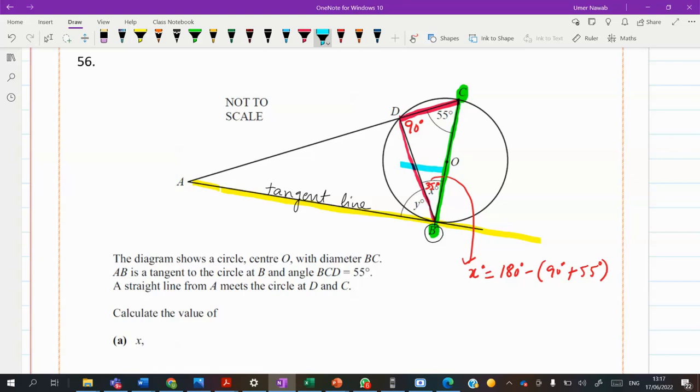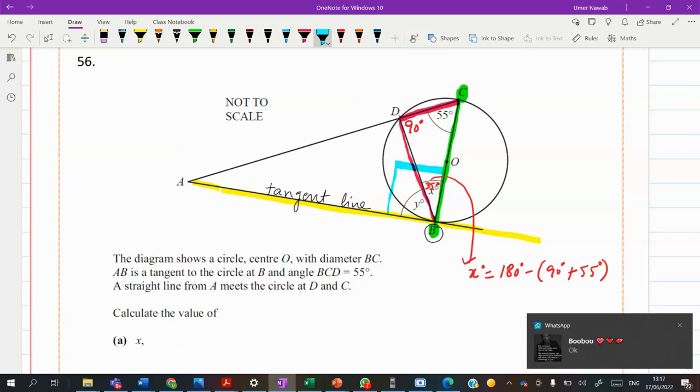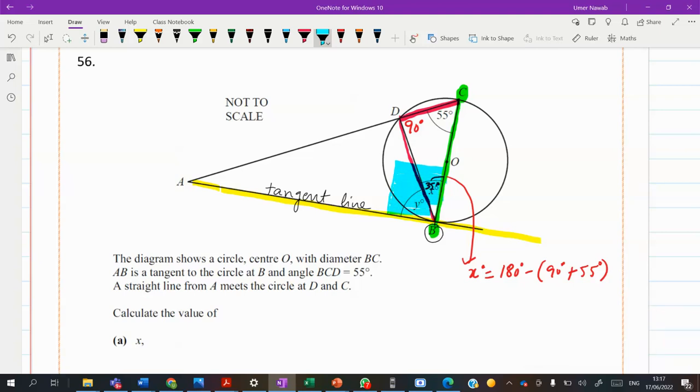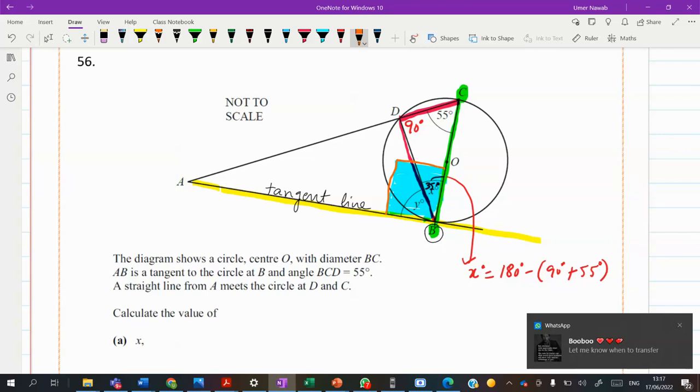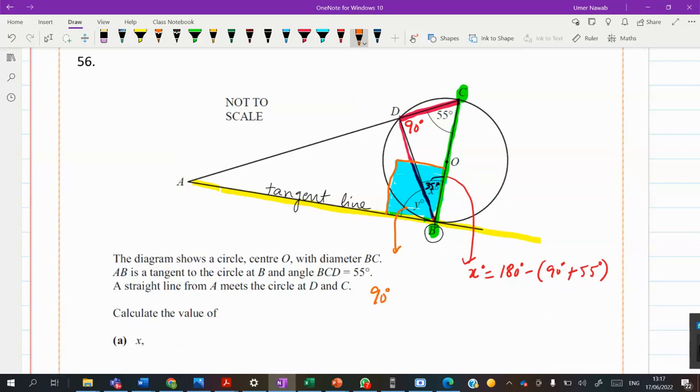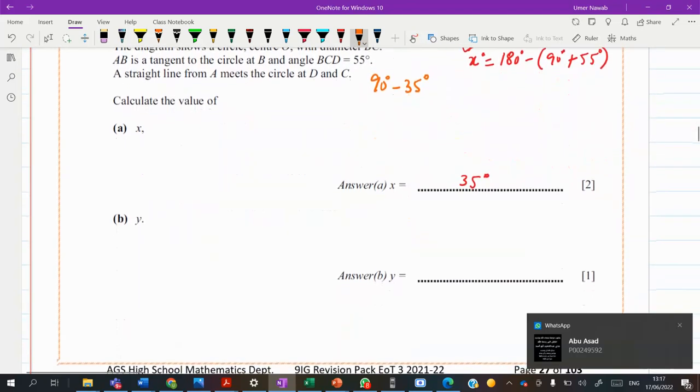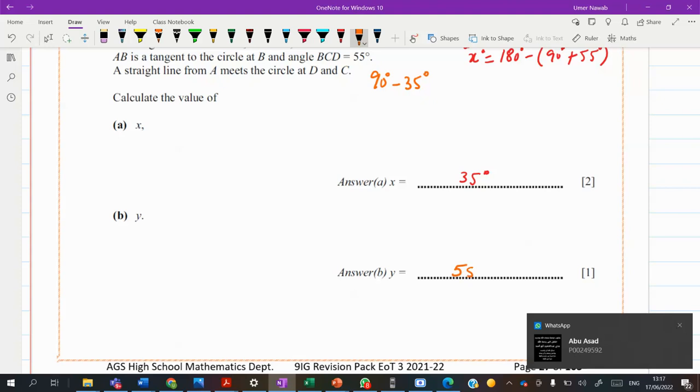They are always intersecting at 90 degrees, right? So this is 90 degrees. So I can easily find the y, which is 90 degrees minus 35, and that gives me 55. Clear, boys?